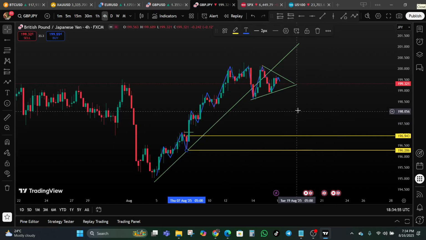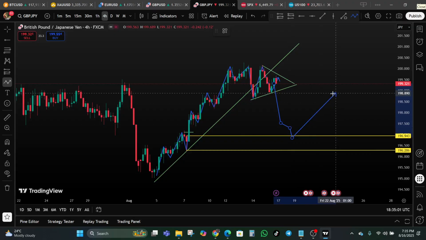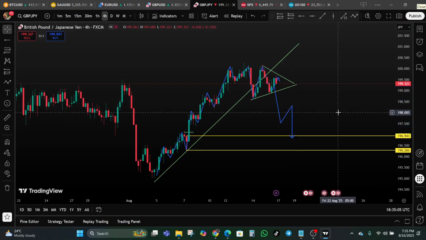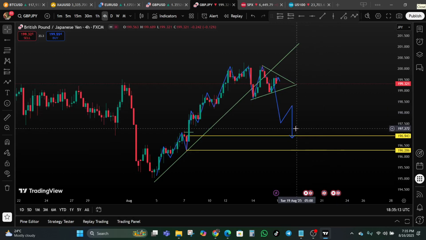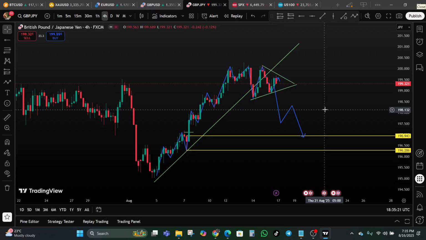Then you wait for price to pull back. Then you watch for liquidity sweeps or confirmations. Then you execute your trade with confidence. Okay, so that's the essence of the SMC pullback strategy. Simple, structured, and in line with how the market truly operates.